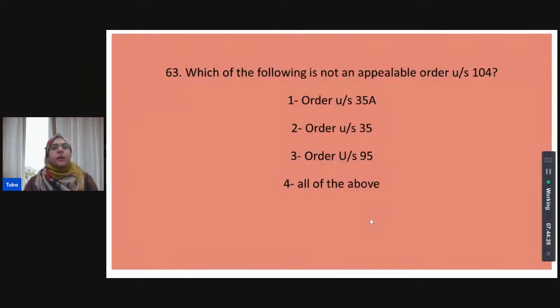It is yes. Which of the following is not an appealable order under Section 104? Is it an order under Section 35A, order made under Section 35, order made under Section 95, or all of the above? So per 104, which of these are not appealable?